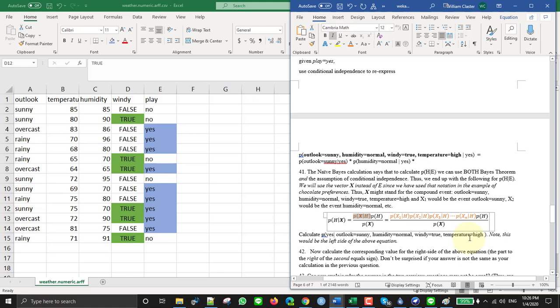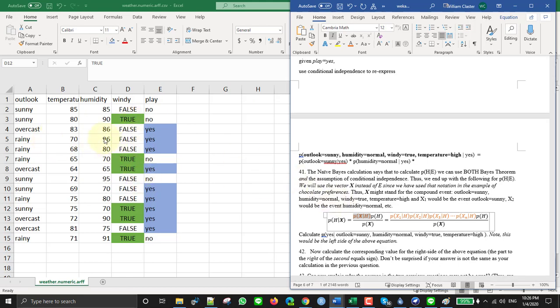Now, again, you don't need to do this for this data. This data, if you want to know the probability of yes given these, let's just say what you have to do. So if you want to figure out outlook equals sunny, where's that? So let's put them in green, because we want windy equals true.